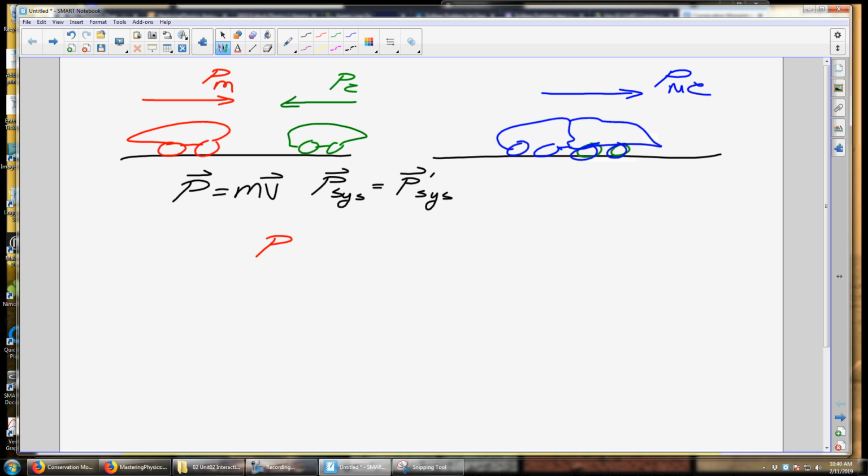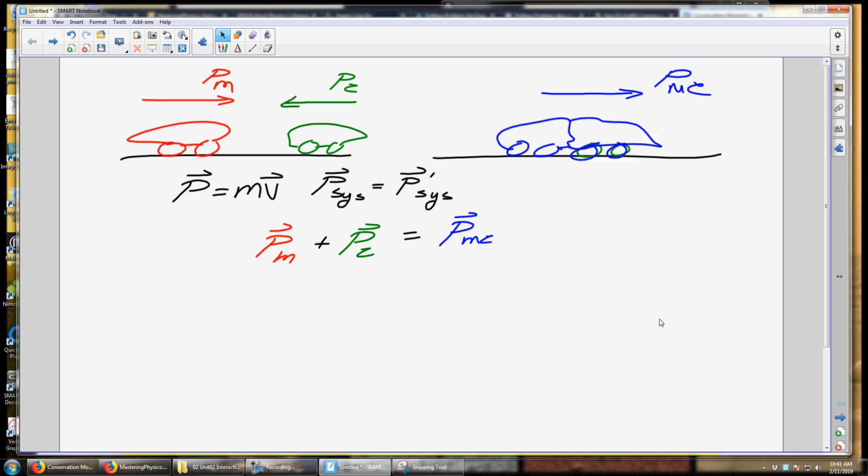So that means if I add the momentum of the minivan to the momentum of the car, that will equal the momentum of the minivan and the car.